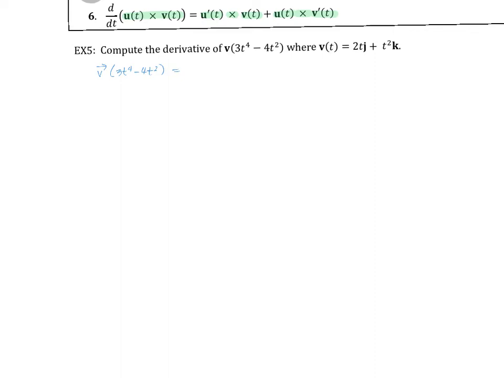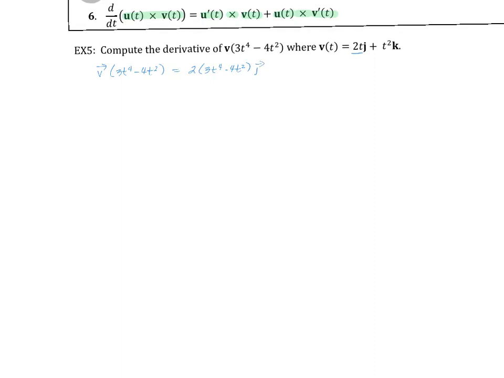So looking at my first component, it's 2 times t, so I'm going to replace the t with parentheses 3t to the 4th minus 4t squared. And that would be the component on j.